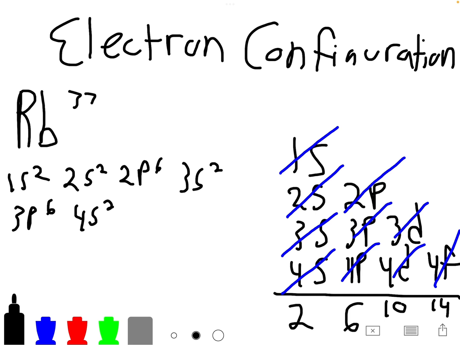Okay. 4s, and then we go to 3d. Can hold 10. So we're going to put 10. 20. Now we've got 30. And I know it's not written up here, but now we've got to go to 5s2. Now we've got 32.